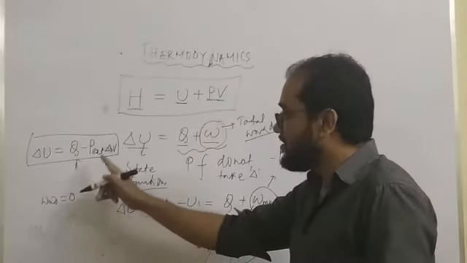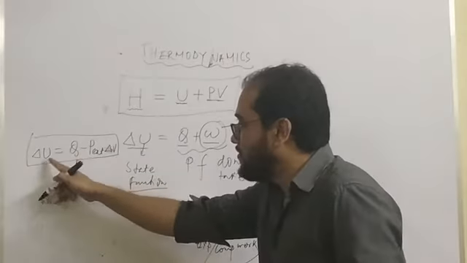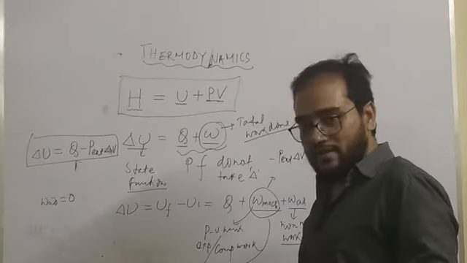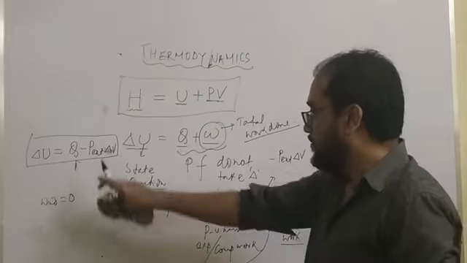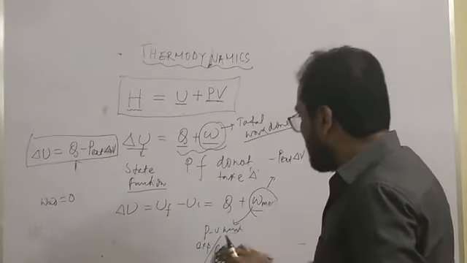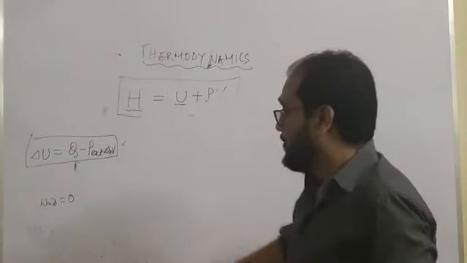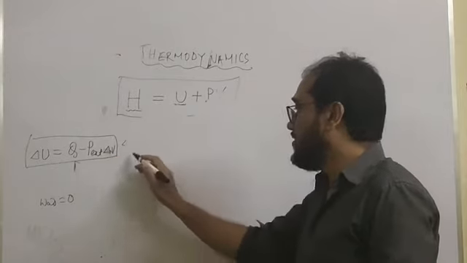That's why we restricted this equation to delta U equals Q minus P external into delta V.